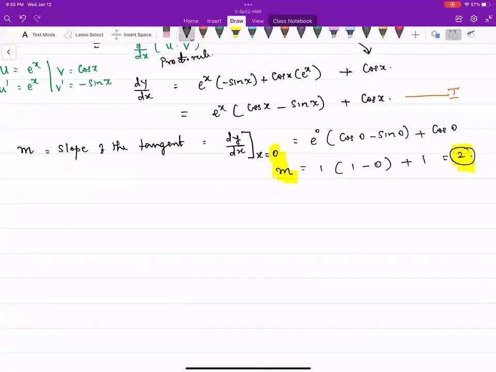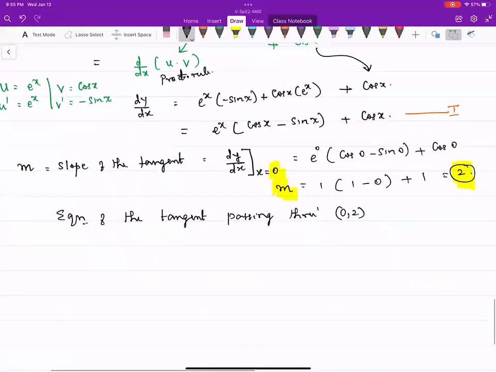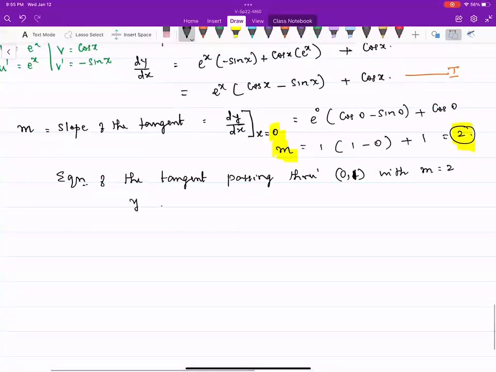So the equation of the tangent passing through 0, 1 with the slope 2 is y minus y1 equal to m times x minus x1.